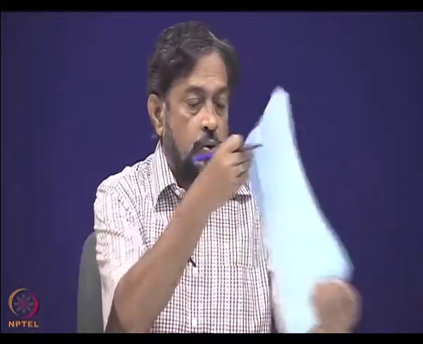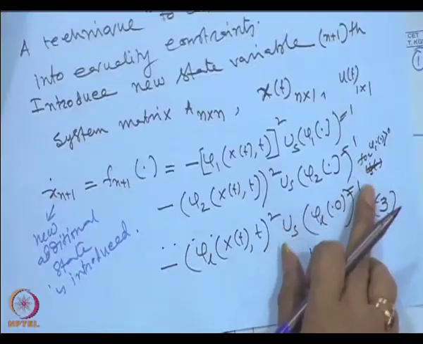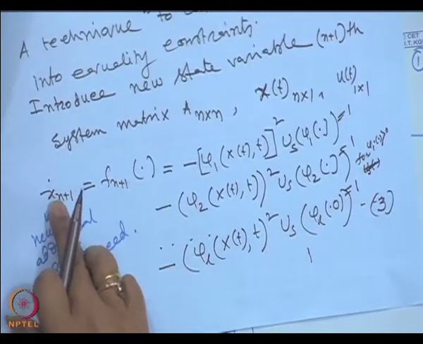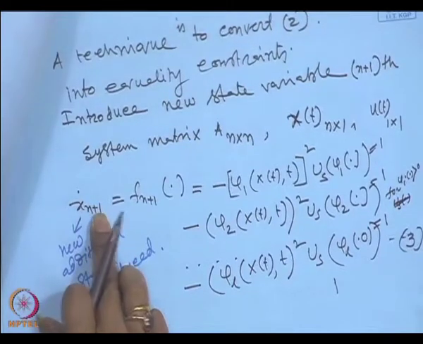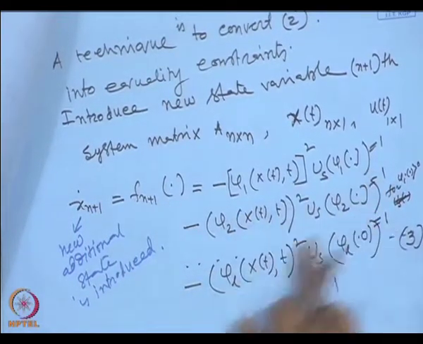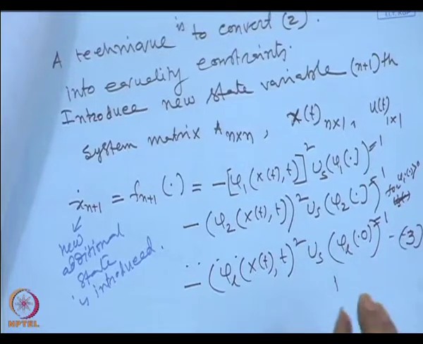That problem we will be able to solve: if there is a constraint on the state, we have to introduce a new additional state variable x n plus 1, and with the knowledge of the constraint equation we can write x n plus 1 dot is equal to that expression. And this expression is equal to 0 when all the constraints are satisfied over the interval t 0 to t f.